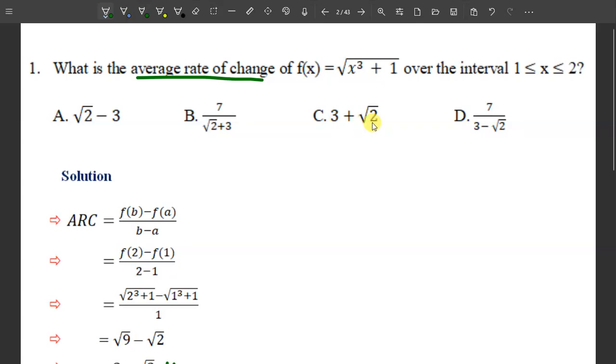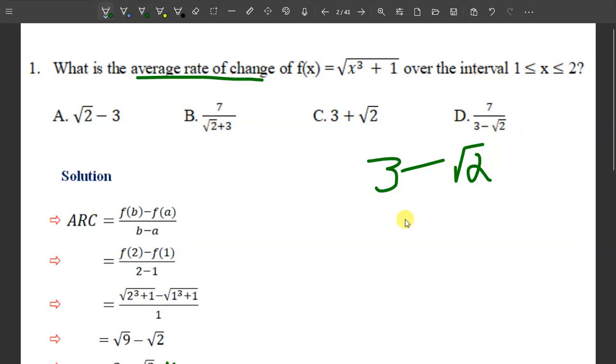Here we have 3 plus radical 2, but we have 3 minus radical 2. Our answer is 3 minus radical 2. Another one is unequal to this one, and also this one is not equal to this one. And the probability of getting the correct answer is actually 50%. Either it is D or B.